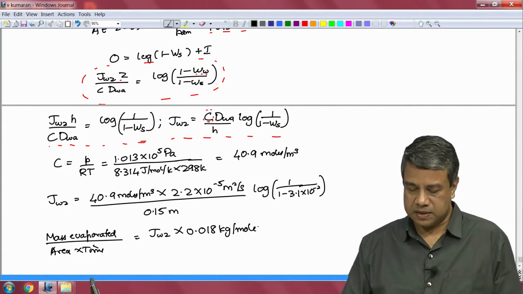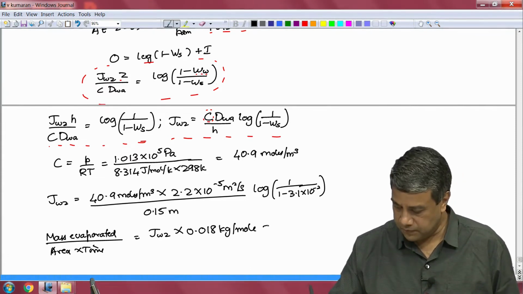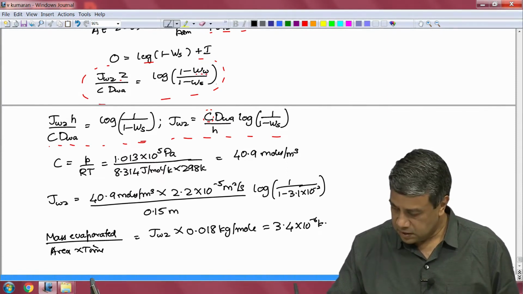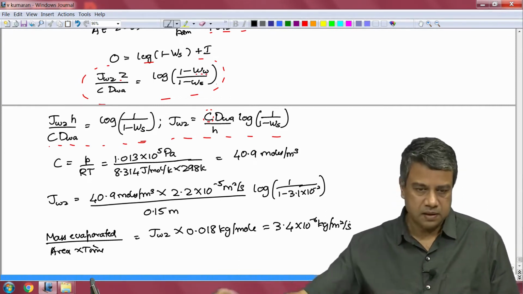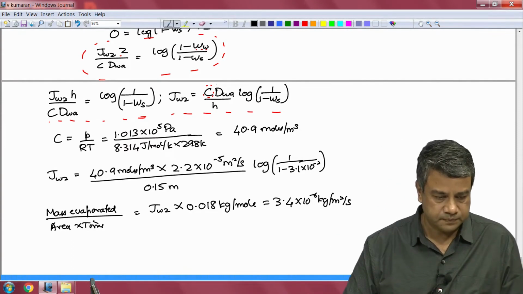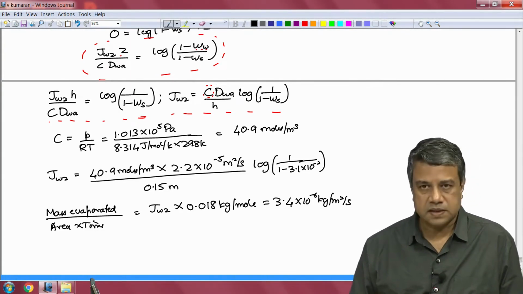This gives you mass evaporated per unit area per unit time, and if you do this calculation, this will turn out to be equal to 3.4 into 10 power minus 6 kg per meter square per second. So, that is the mass evaporated per unit area per unit time.